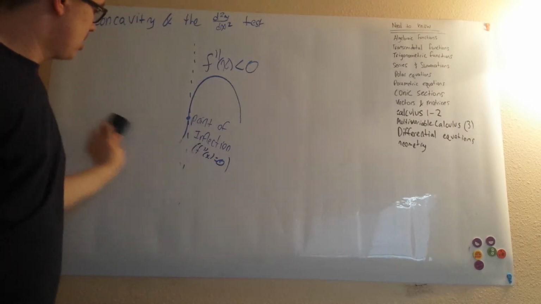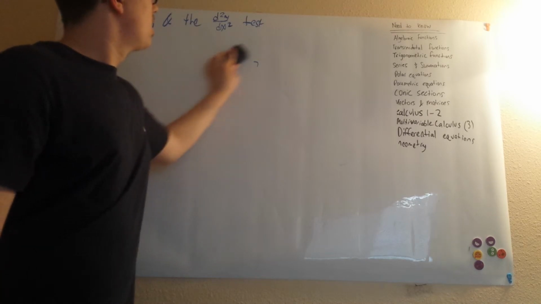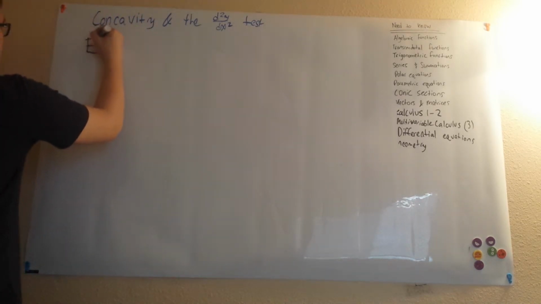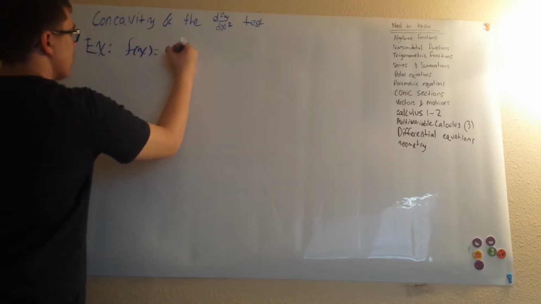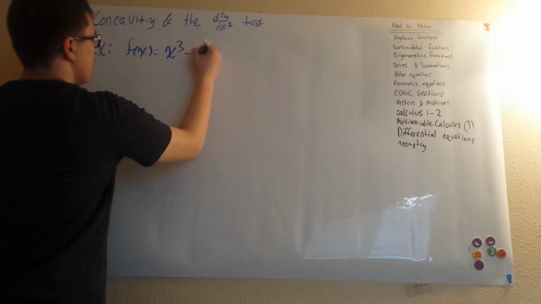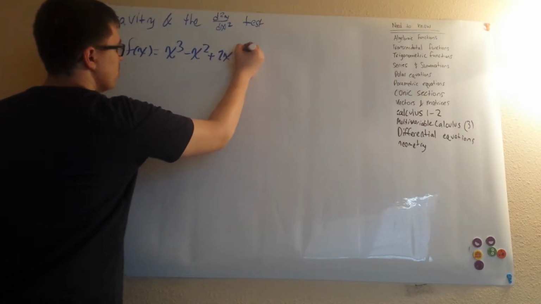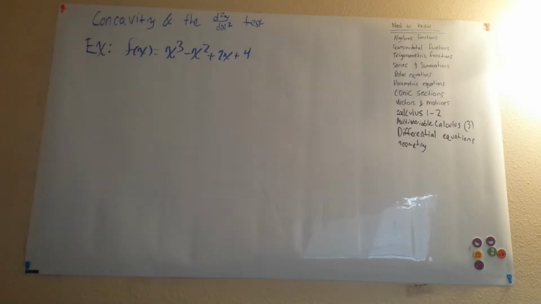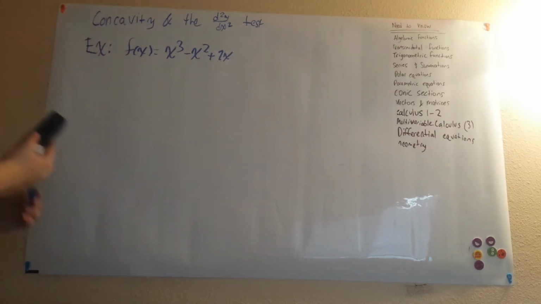So let's do a cool example. Example time. Let's say f of x equals x to the third minus x squared plus 2x plus 4.